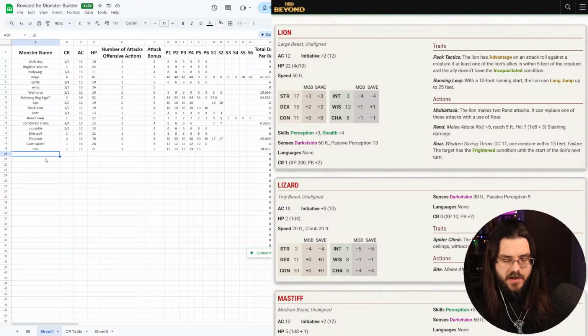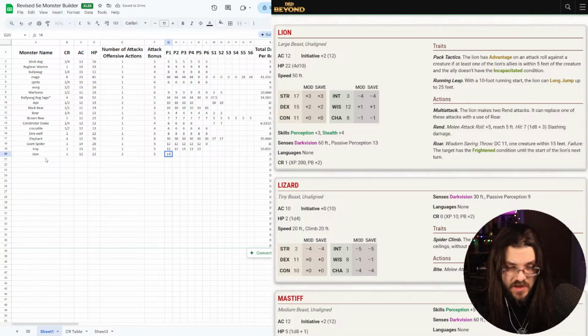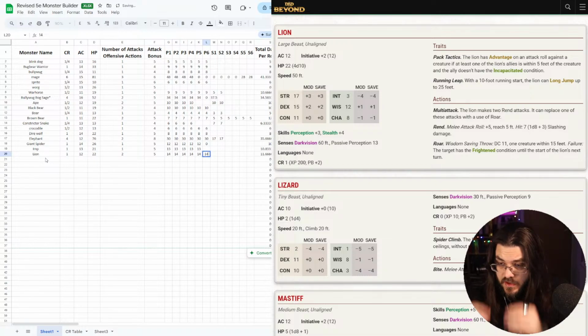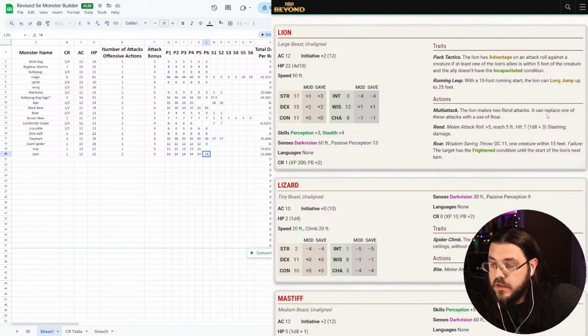Let's go Lion, which is CR1, AC 12, 22 hit points, number of offensive actions per round is 2, its attack bonus is +5, it deals 7 slashing damage, so that's 14 per round, and then it has a roar. It can replace one of these attacks with the use of roar.